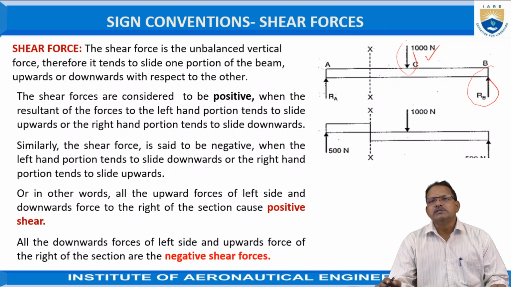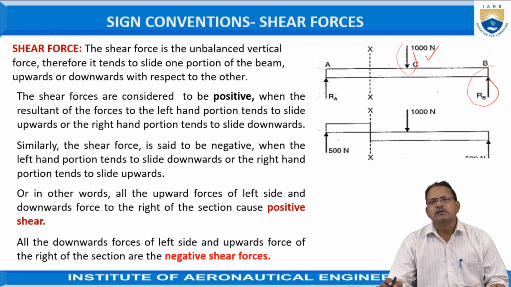The shear force is considered positive when the resultant of the forces to the left hand portion tends to slide upwards, or the right hand portion tends to slide downwards. Similarly, the shear force is said to be negative when the left hand portion tends to slide downwards, or the right hand portion of the beam tends to slide upwards.